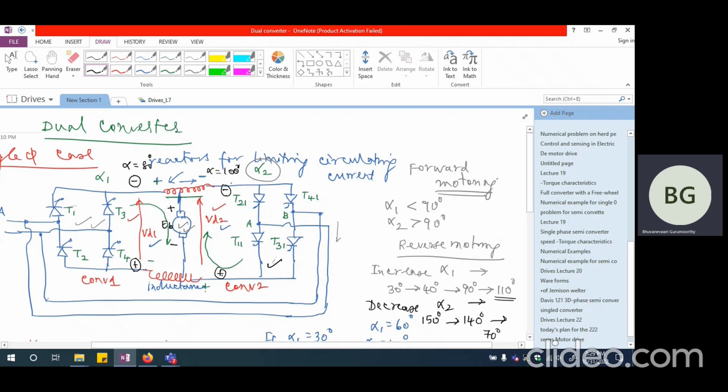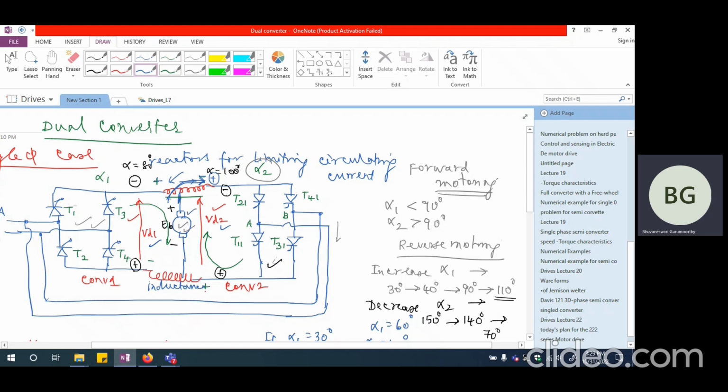For alpha equal to 100 degrees, still you would have seen plus here and minus here. So the current would have been able to circulate from the back EMF through this converter 2, and it would have gone back to the mains. Because of which you would have seen the forward motoring will slowly migrate to forward regeneration through converter 2.